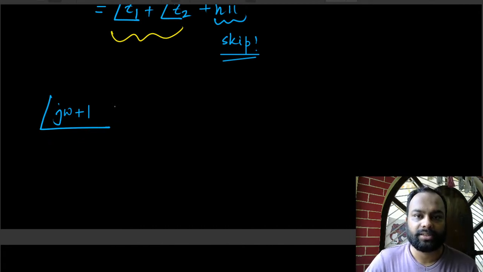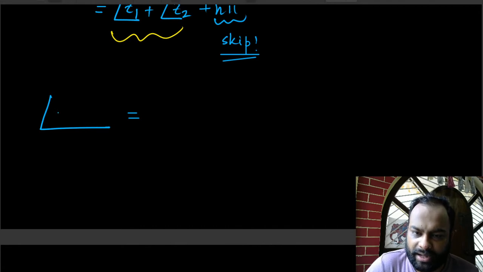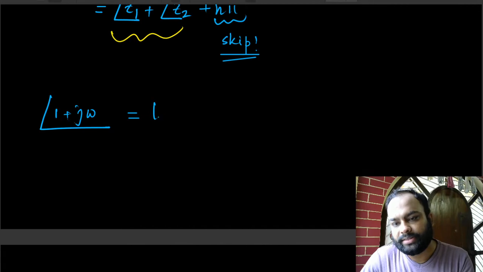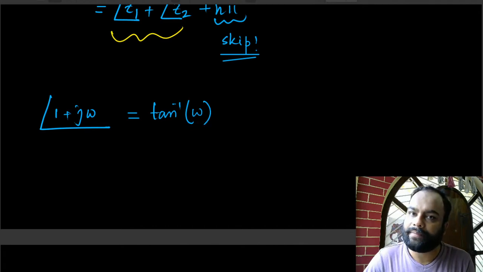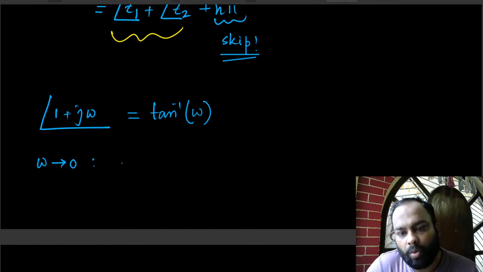Of course, this is just a complex number, say 1 plus j omega. What is the angle of that? That's going to be tan inverse omega by 1, right? So tan inverse omega. Got it? So when omega is very small, what is the angle of this 1 plus j omega?